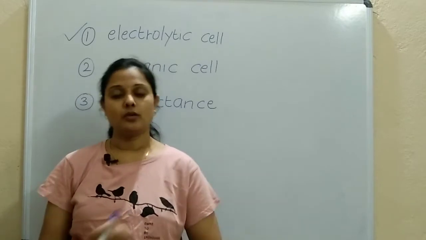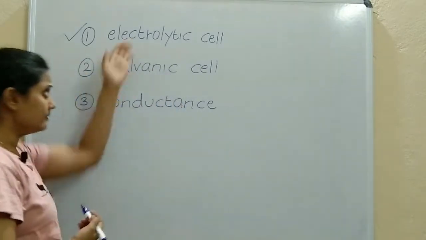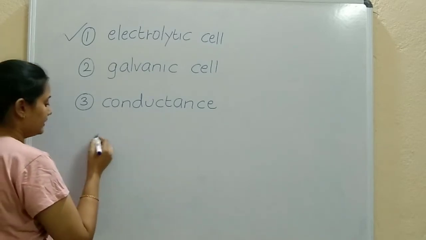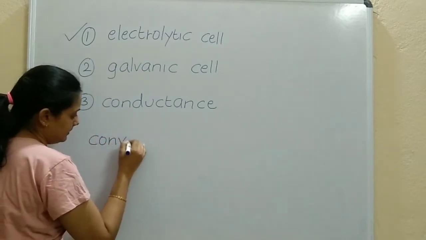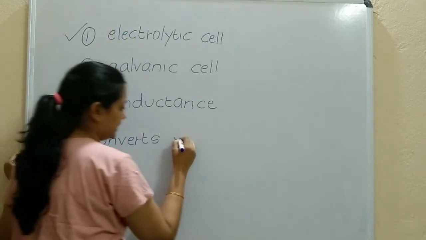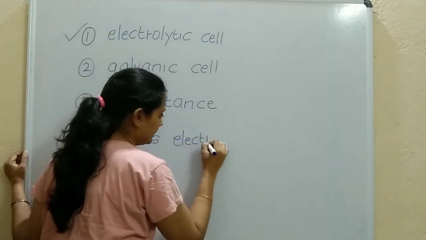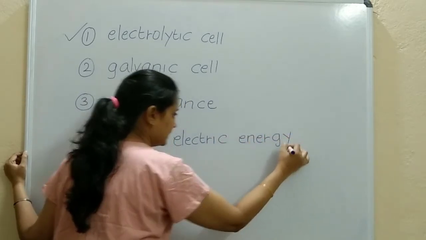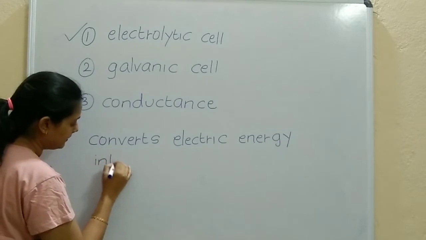So what is an electrolytic cell? We'll start with the discussion. An electrolytic cell is a cell which converts electricity, that is electric energy, into chemical energy.